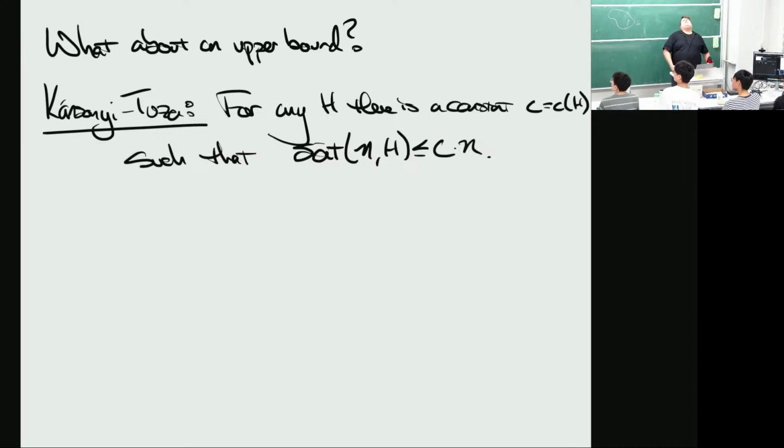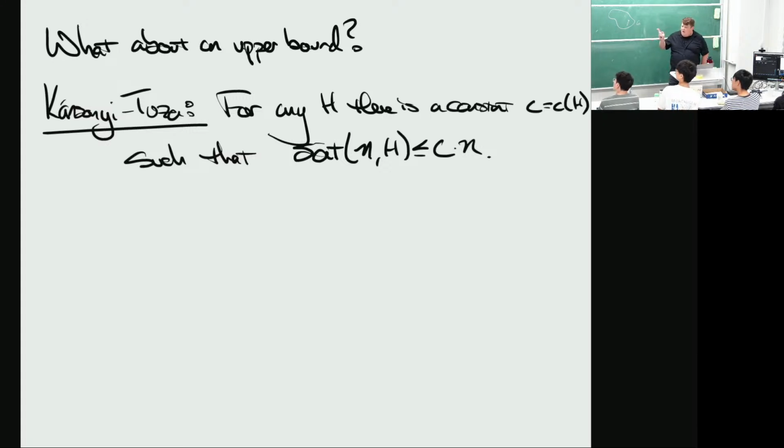Okay, so let's stop talking about particular examples and see what we can do in general. Cassini and Tuza famously proved that for any H, there's a constant C so that the saturation number is at most C times n. That is unlike the Erdős-Stone theorem that tells you that for graphs of chromatic number 3, you get dense H-free graphs.